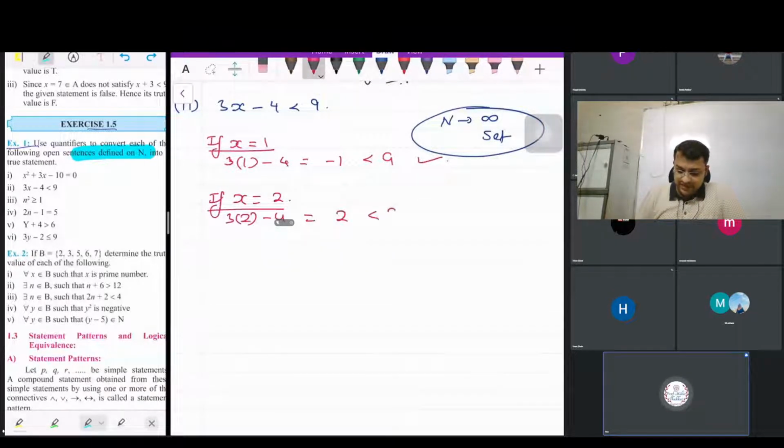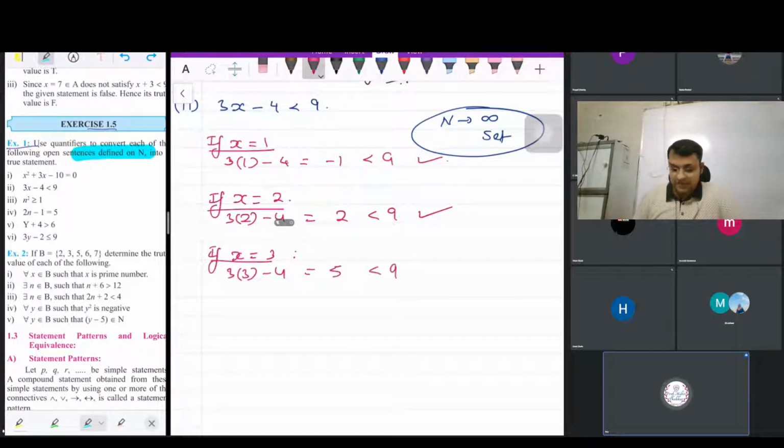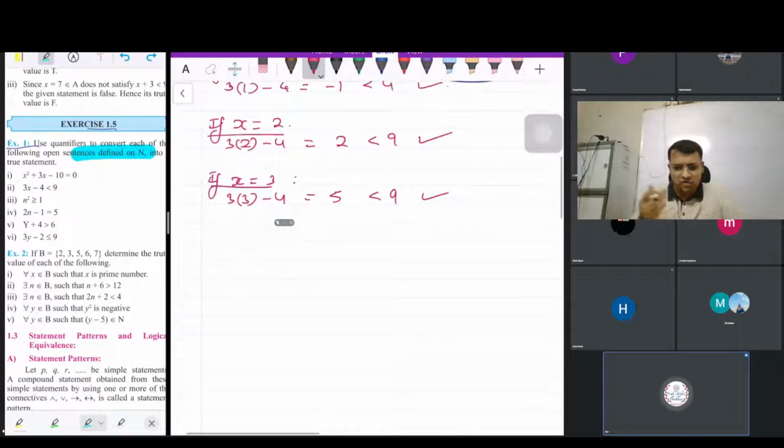Again, it is lesser than 9. Again, if x is equal to 3, I get 3 into 3, that is 9, 9 minus 4 is 5. Yes, that is also satisfied. That's nice. So 3 values have been satisfied. So now the statement is true. That is 100% sure. Let me try for one more value.